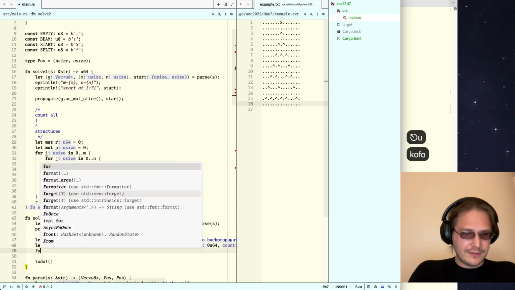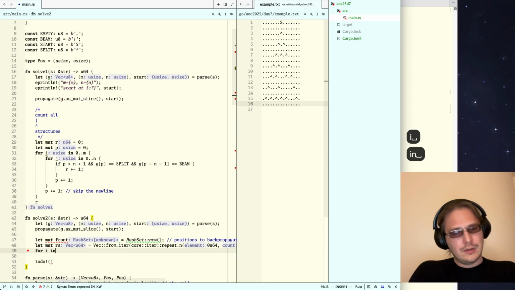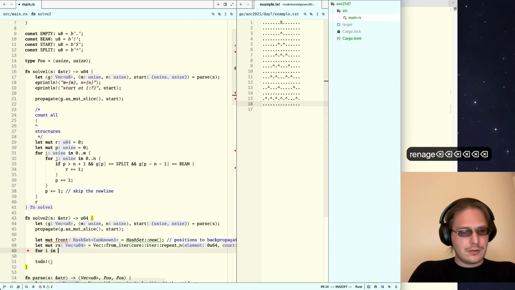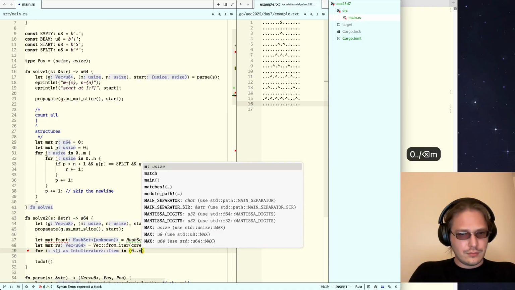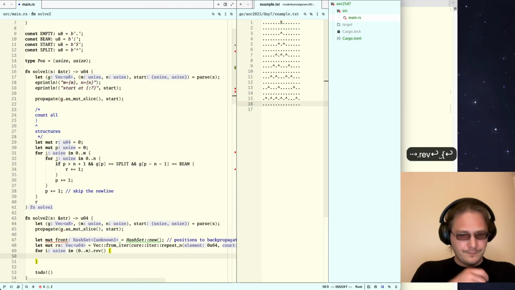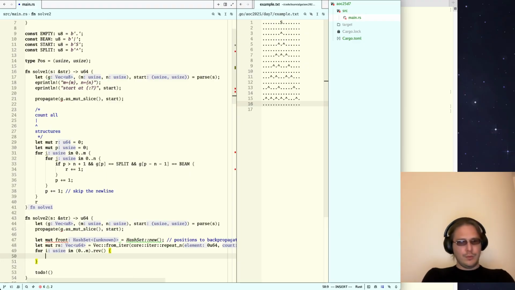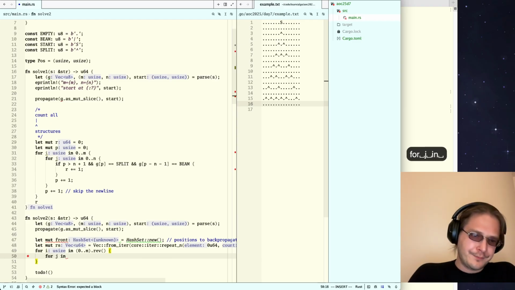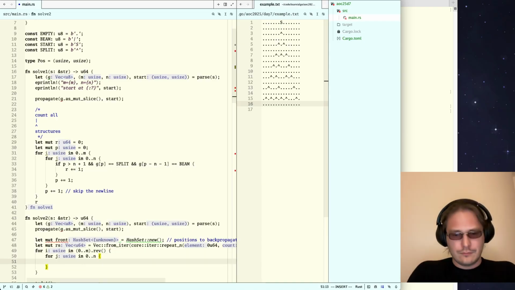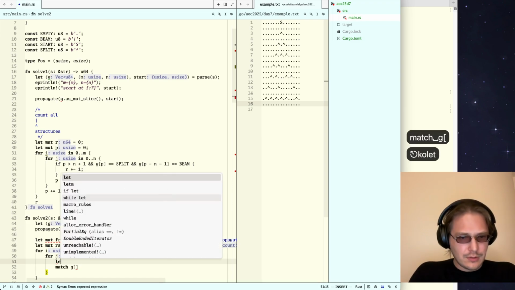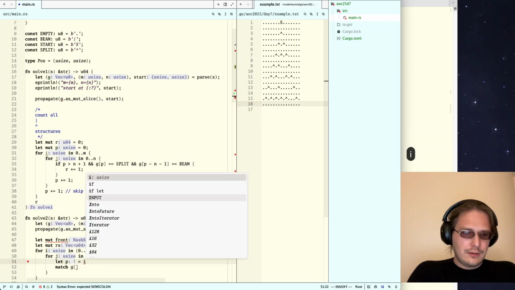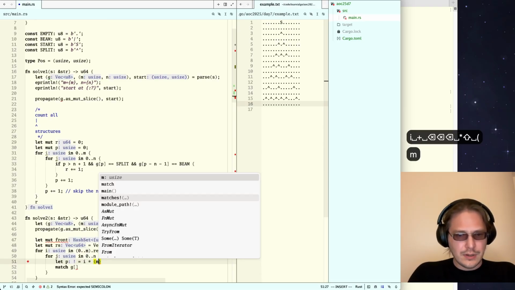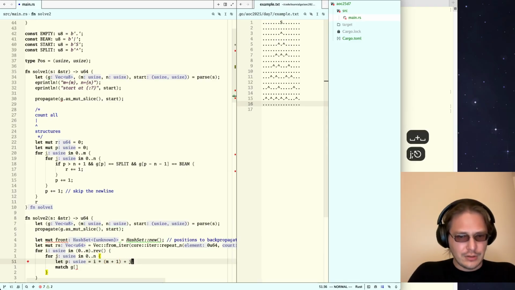Yes, now let's start from the last line. From 0 to m reverse. What do we do now? For j in 0 to n, match grid, let p is m plus 1 plus j, right?